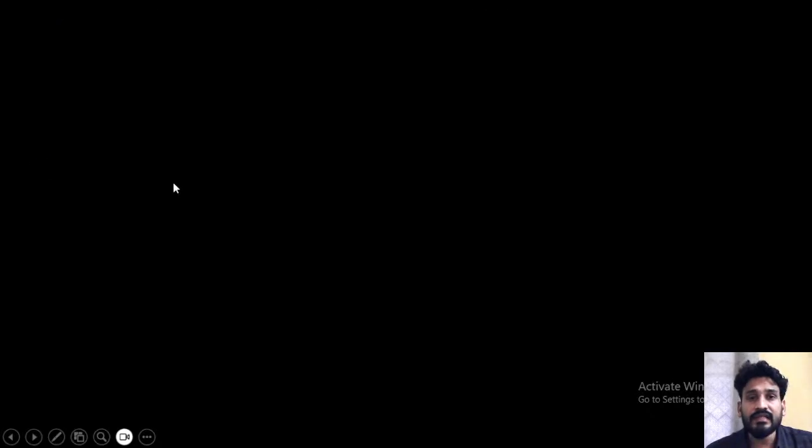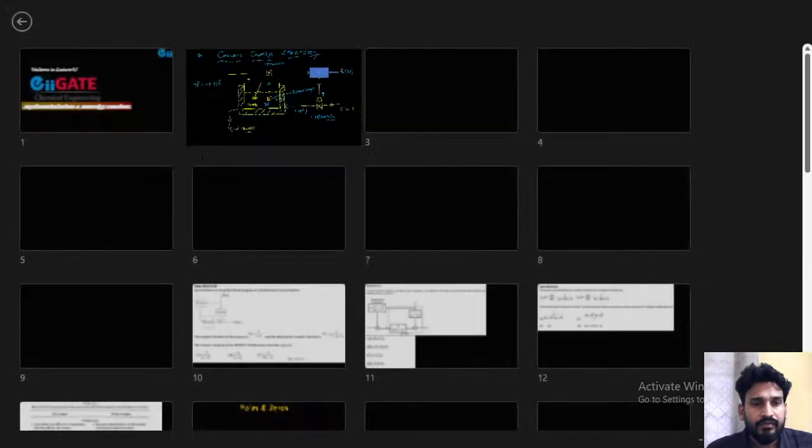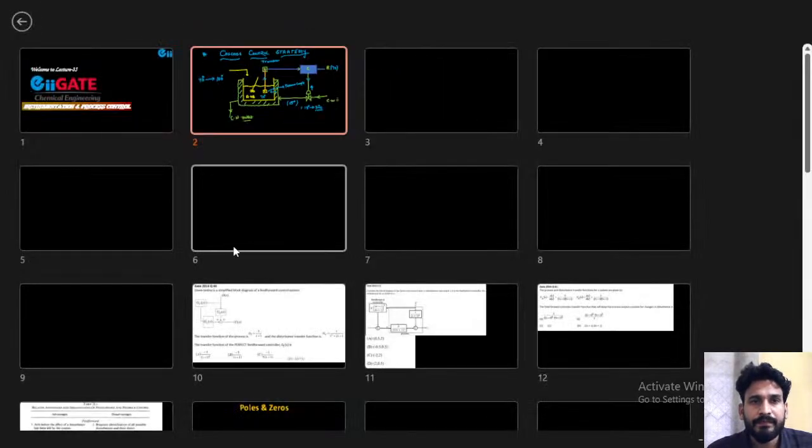We were studying the cascade control strategy. We have discussed the cascade control strategy and completed it. Can anybody tell me up to which topic we have done? We have done the cascade control strategy, and we were discussing the feed forward control strategy, right?